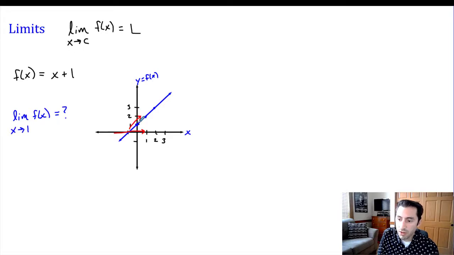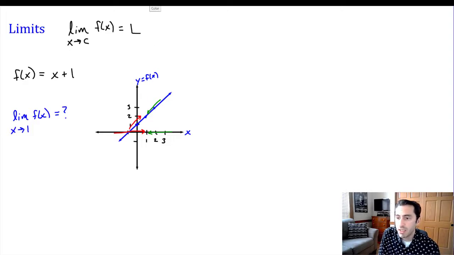Moving along our line, where's this going to end up? We also have to take a look at what's happening on the other side. As my x values are getting closer and closer to 1 from this side, moving from bigger numbers, and now we're approaching 1 this way, what's happening to the graph going that same direction?